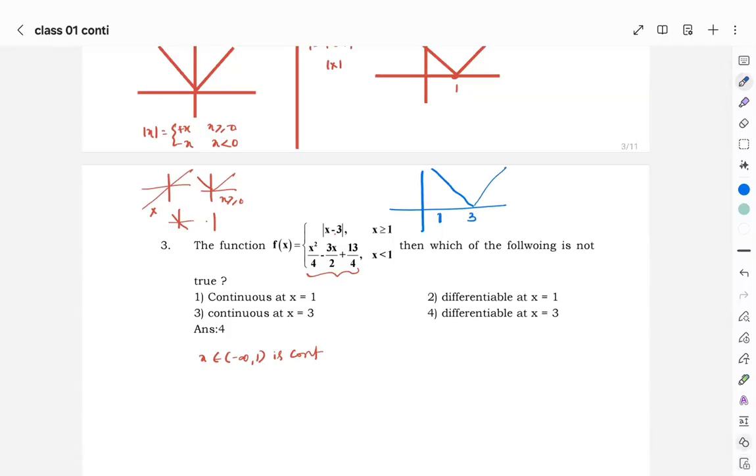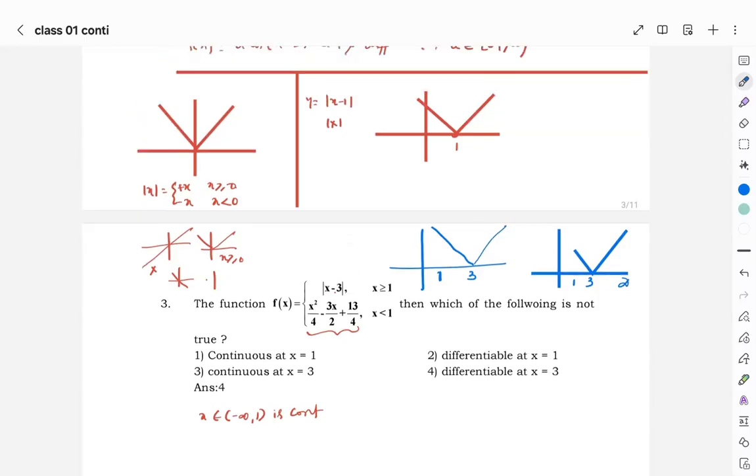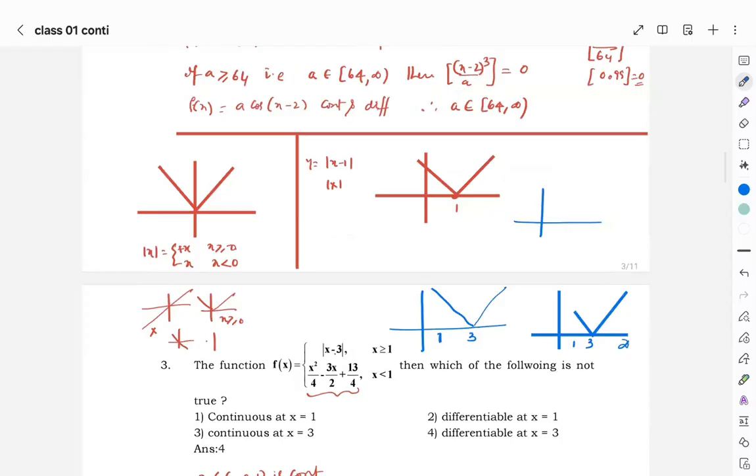Then this graph will be restricted, so it will be 3 to infinity, with 1 somewhere here. This will be the graph of mod of x minus 3 for x greater than or equal to 1. And the other part is ax square plus bx plus c, which is a polynomial, but it is defined for x less than 1. Strictly speaking, how to draw the graph?